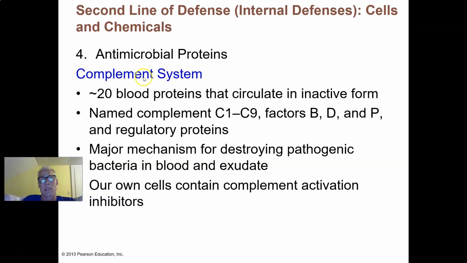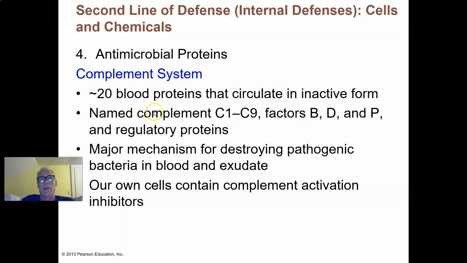The complement system. The complement system is a series of plasma proteins, much like the whole series of clotting factors produced by the liver, all those clotting factors that can activate coagulation through this cascade, this amplification process once you activate blood clotting. Well, there's a whole series of proteins that work together called the complement system.